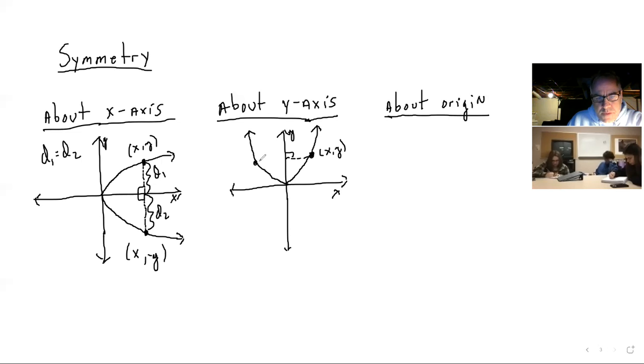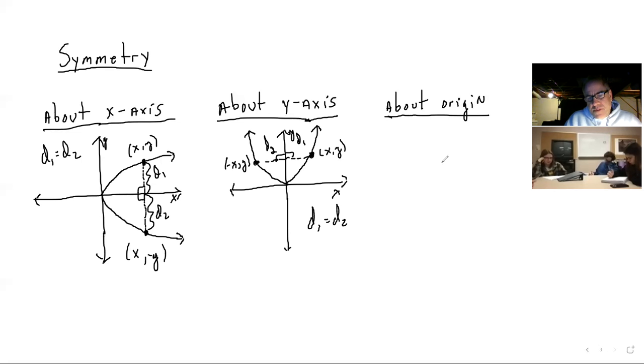Those distances are the same. This time, for the mirrored image point, the y coordinate would be the same, but the x coordinate would be opposite in sign.